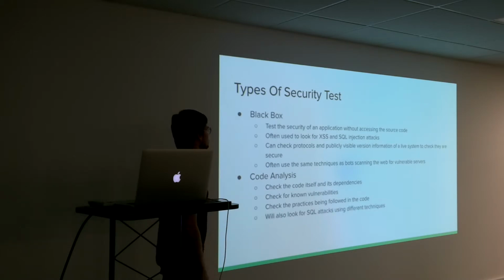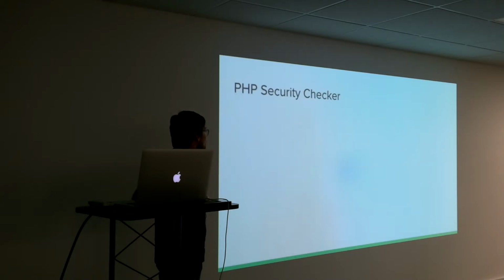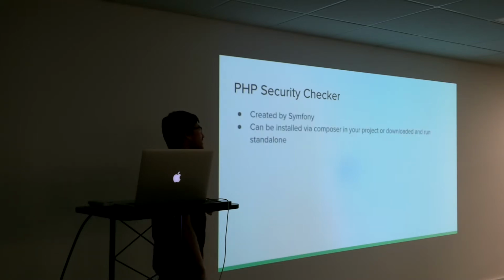So you can also look for SQL attacks using code analysis. PHP Security Checker is a Symfony library that you can use to check your Composer dependencies for any known vulnerabilities. It can be installed via Composer, or you can just pull it down separately. If you didn't want any of these additional checks to touch your repo for some reason, you could just pull it in directly to the CI server.